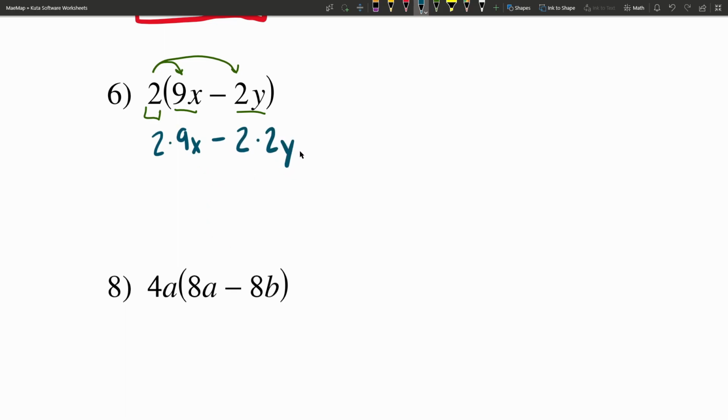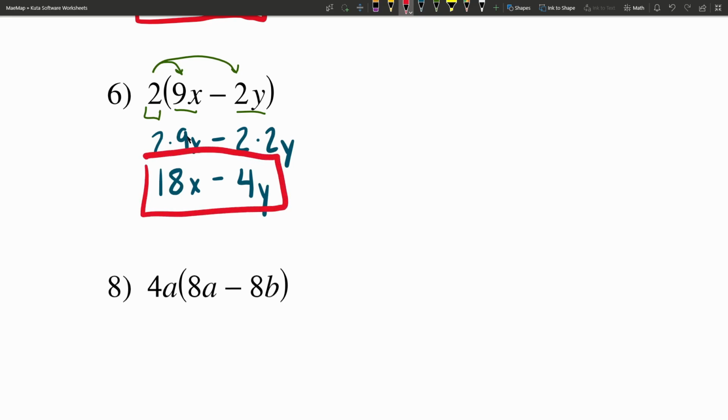Notice that the variables are not even in the same terms, those different variables, so we're not going to have to worry about multiplying them together anyway. It's just going to be 2 times 9 times x, which is going to be an 18x, minus 2 times 2 times y, which is going to be a 4y. And there we have it. That's 2 times 9x minus 2y, that monomial multiplied to the polynomial, the product of that multiplication.